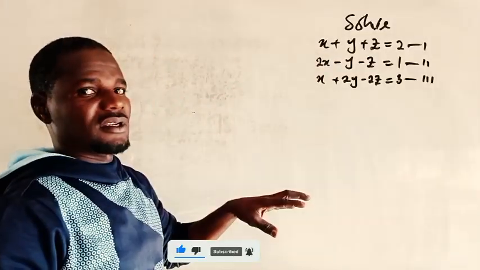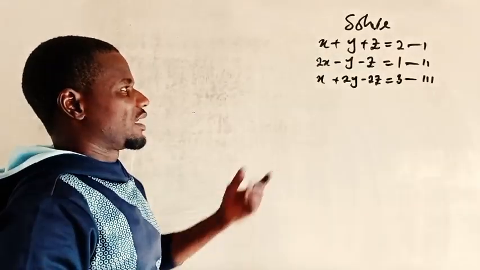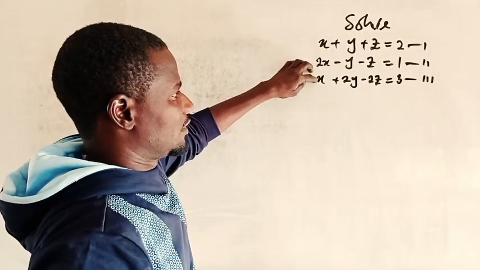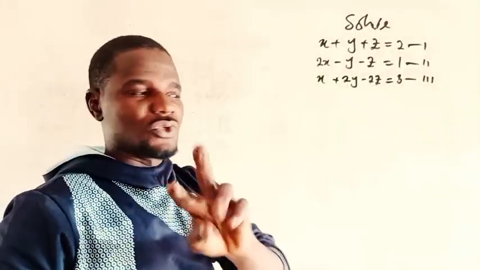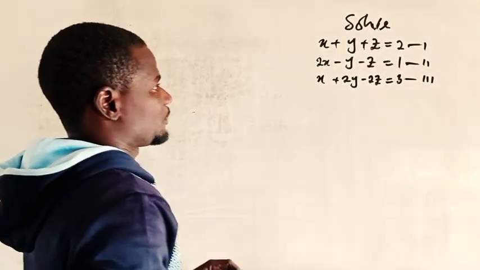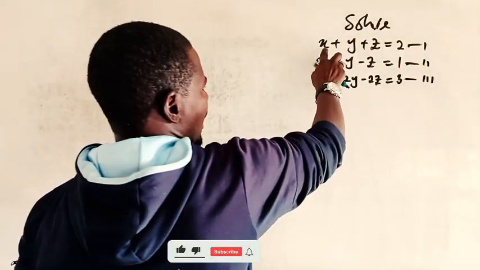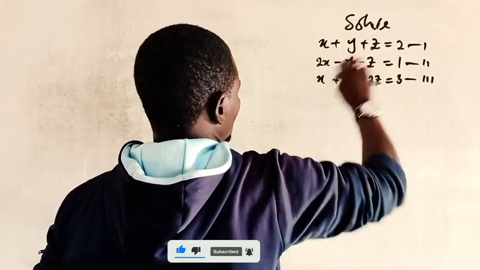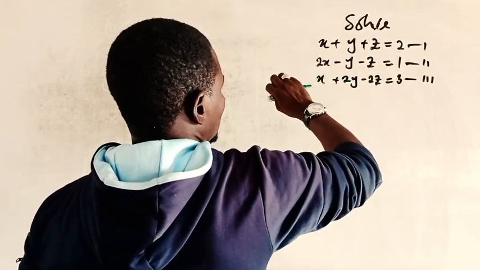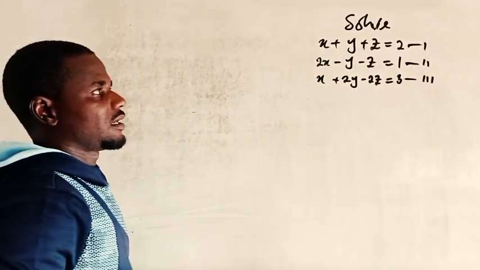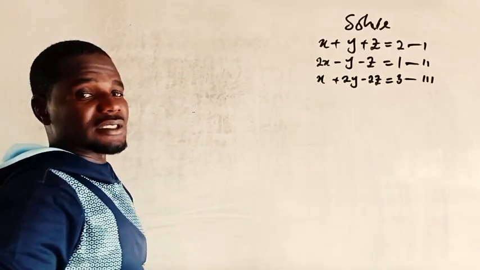Let me use this one to reduce this and this to form two equations that I can solve with two variables only. Now, having x plus y plus z equals to 2 as equation 1, let me make x subject of the formula so that I can find y and z from the beginning.